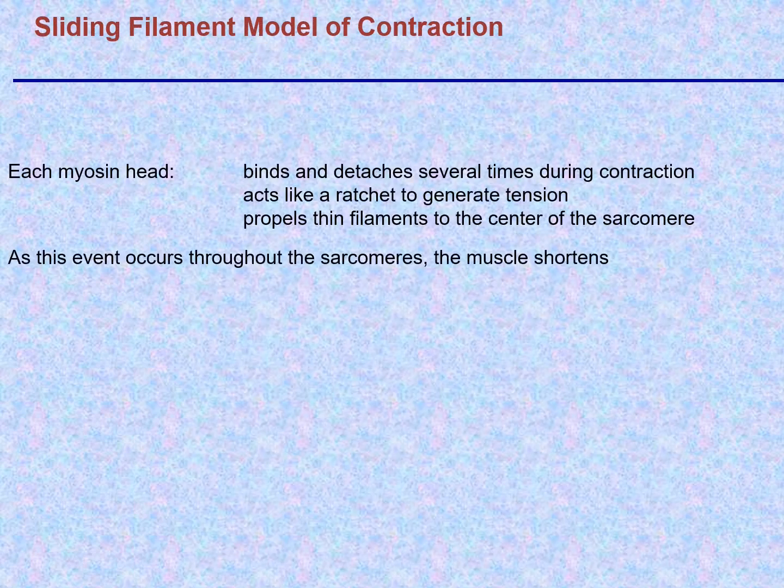This mechanism of movement or contraction is called the sliding filament model. With release of calcium from the sarcoplasmic reticulum, each myosin head will bind and then detach multiple times as the thick and thin filaments slide past each other.